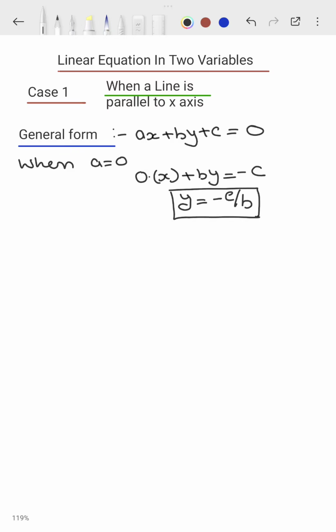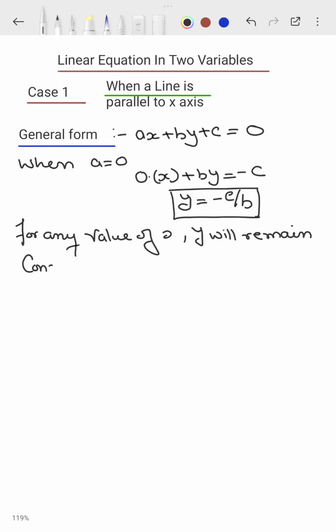Here we can see that for any value of x, y will remain fixed or constant, that is, it will not change.